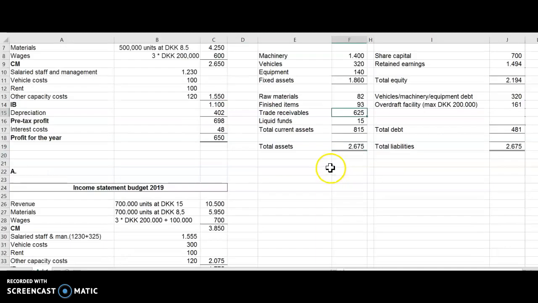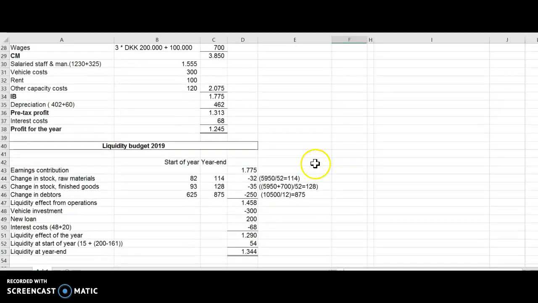So then we have to calculate our raw materials stock end of the year, and it is our total use of raw materials divided by the turnover rate of 52, it's 114.